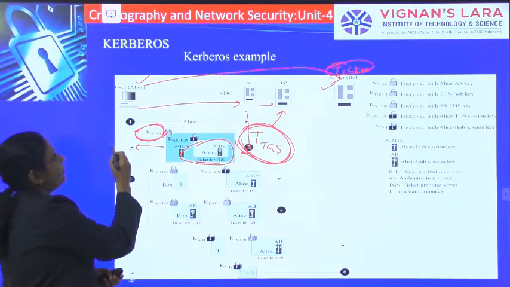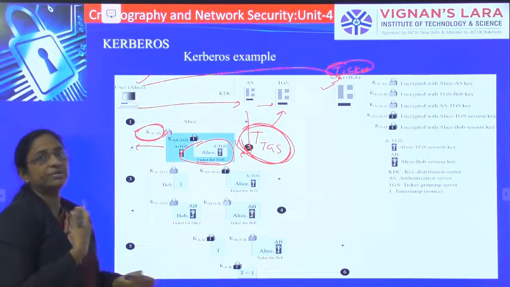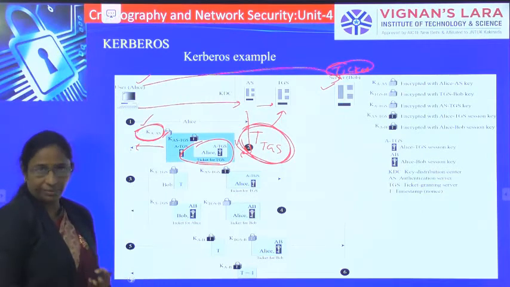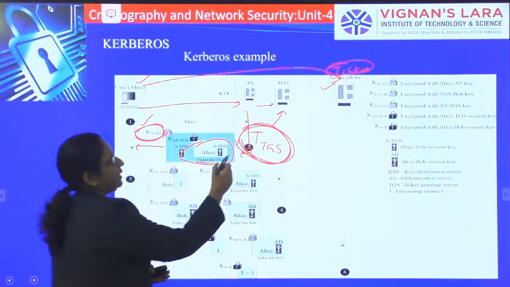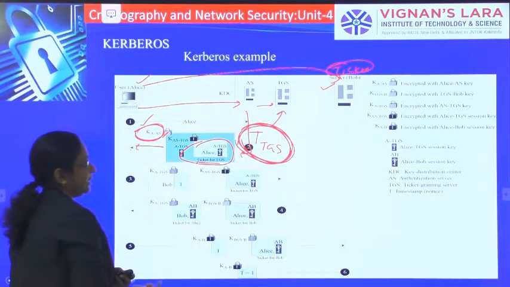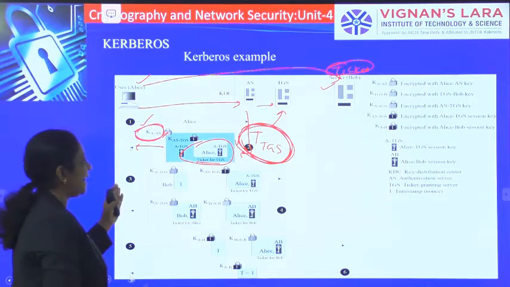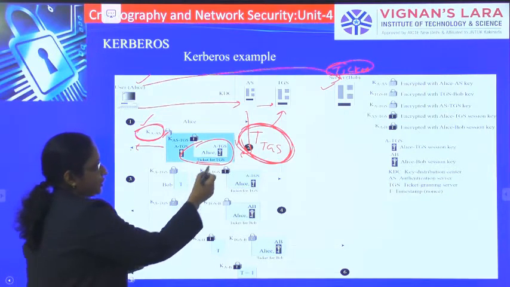Alice, since she also knows the key, decrypts it and takes the ticket granting ticket.